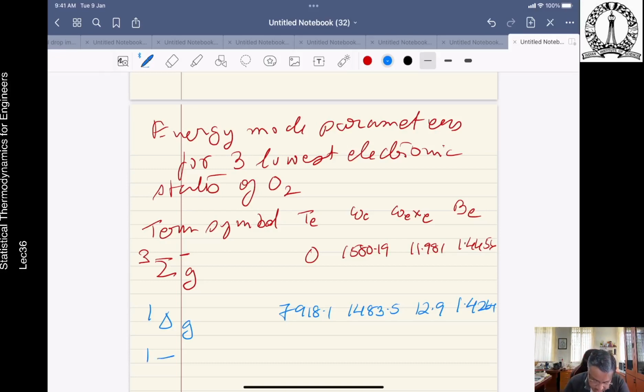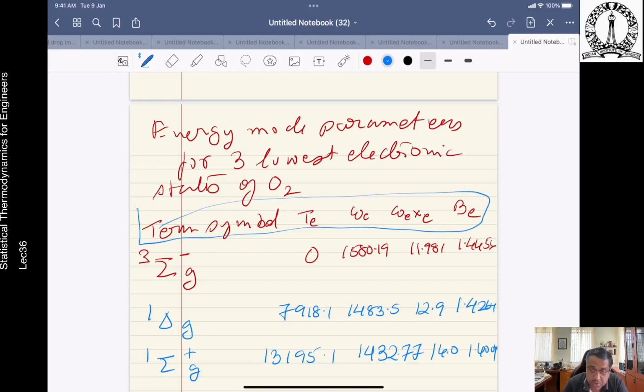And 1 sigma G 13195.1, 1432.77. This is 14.0. This is 1.4004. And so on and so forth. So these are the different term symbols.